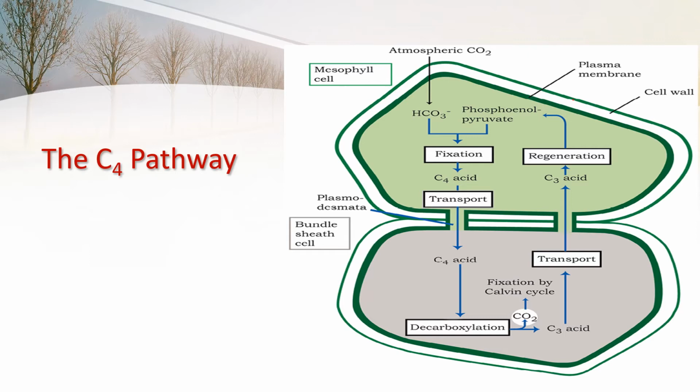Like the C3 pathway, the Calvin cycle we have already discussed, now in the C4 pathway the atmospheric carbon dioxide combines with bicarbonate, and the bicarbonate combines with phosphoenol pyruvate and forms a C4 acid.